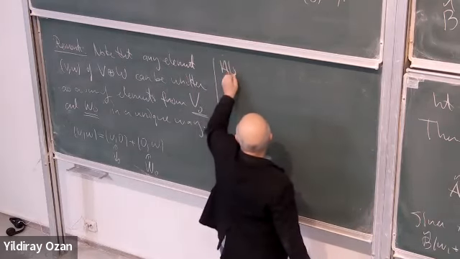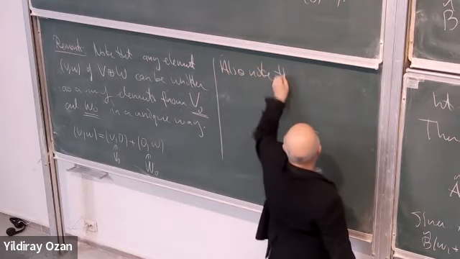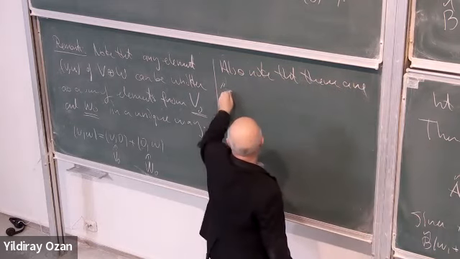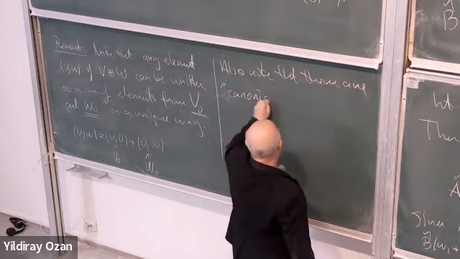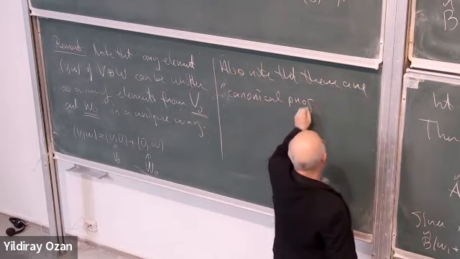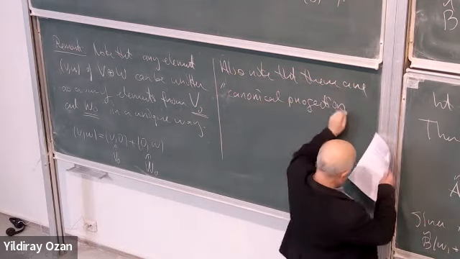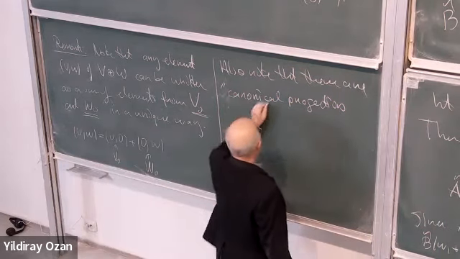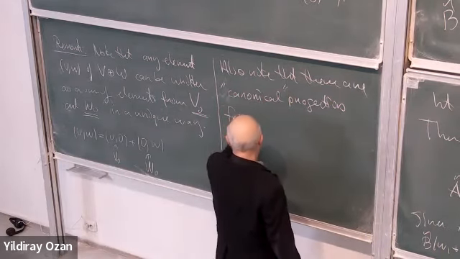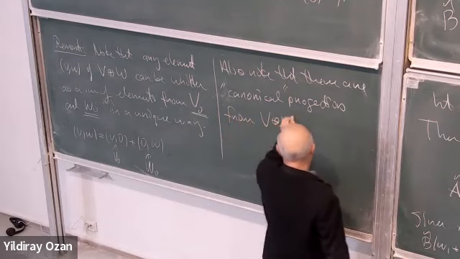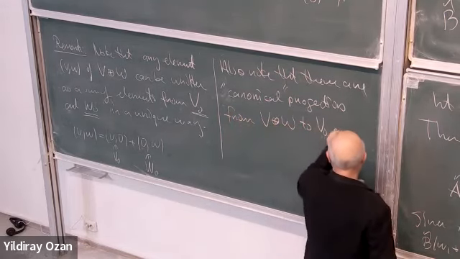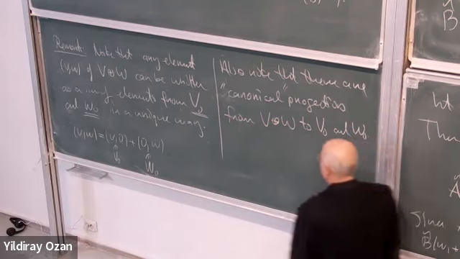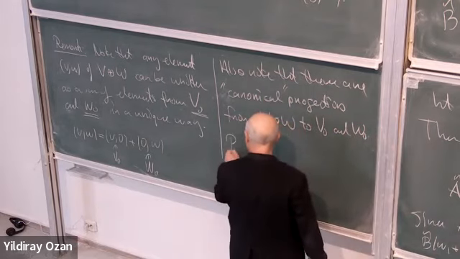Also note that there are again canonical projections from V⊕W onto V0 and W0. What are they? Bir tane projection yazabiliriz.